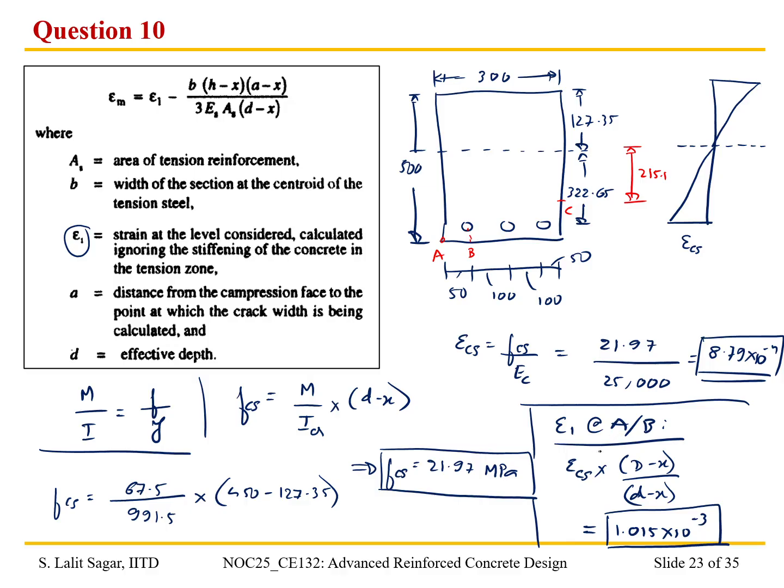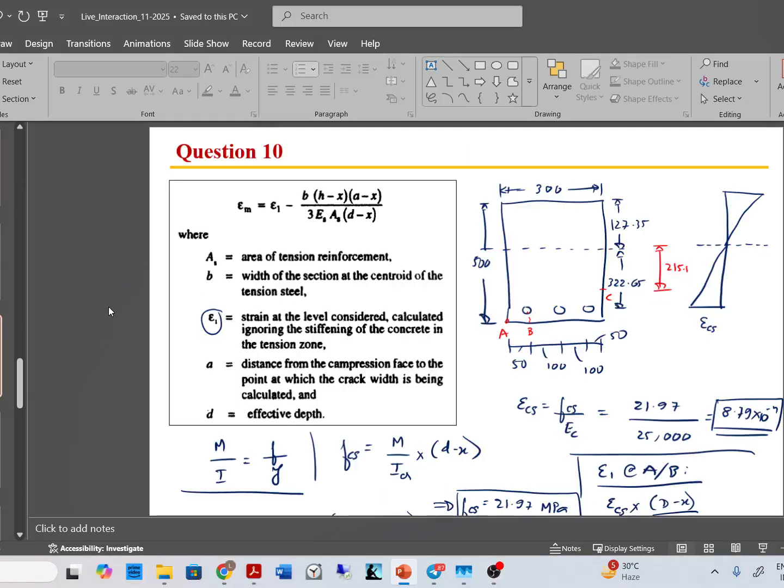Okay, so wait, I might have to copy this and put it in another slide. Okay, let me keep the annotations. I'm going to copy this, copy and paste it.